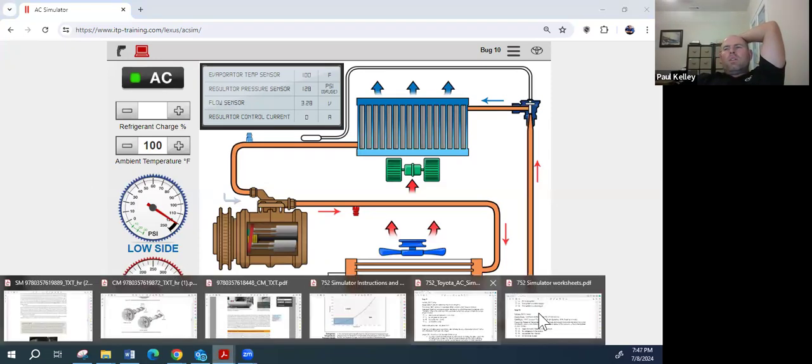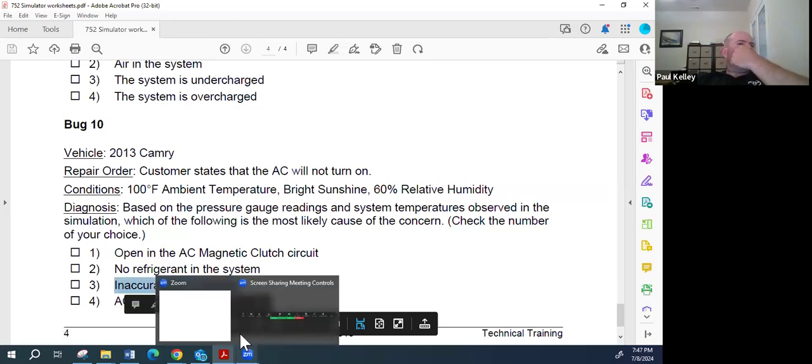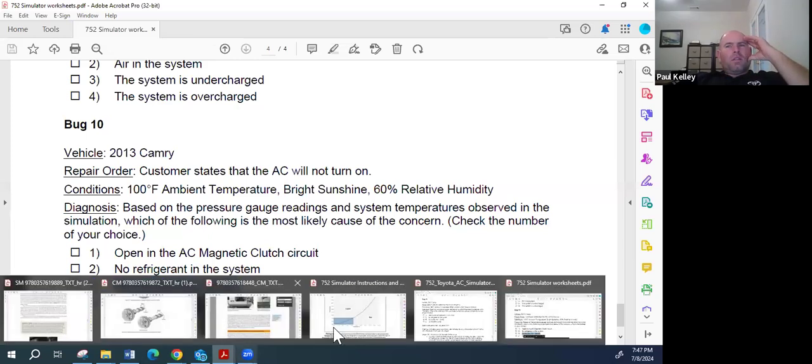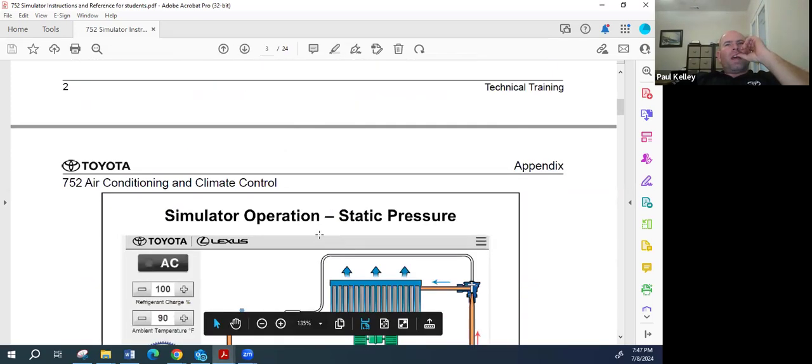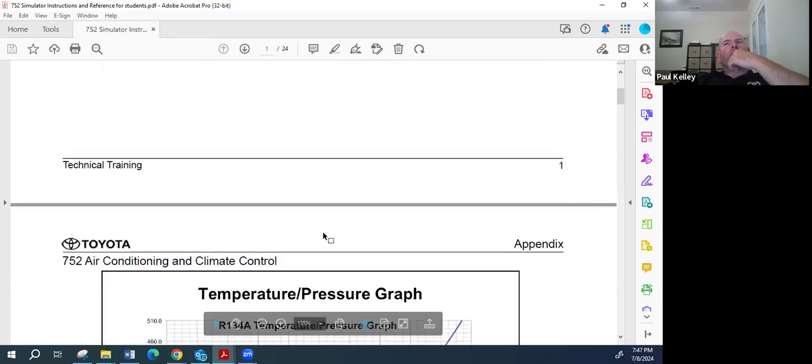And then if we were to go ahead and look here, inaccurate flow sensor is one of the options. Well, the problem is we'd actually have to read some of the reference material, which I do have here, and it would actually explain to us a bit more about how the flow sensor works.